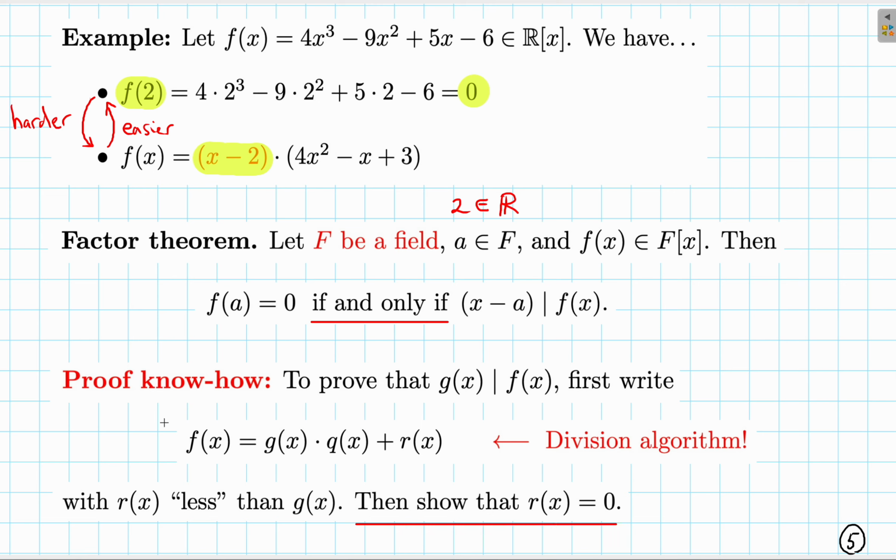Because if this remainder is 0, then we're left with the relationship f of x is equal to g of x times q of x, and therefore g of x must be a factor of f of x. And so we will apply this proof know-how when proving the harder direction of the factor theorem in the next slide.